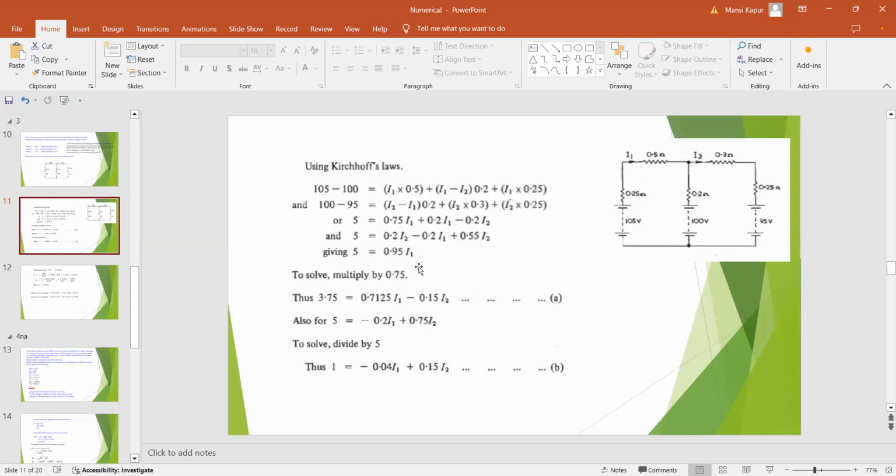I thought you guys would solve it. I didn't pay attention to the equation solving because this is pure mathematics, right? So the first equation we will get is 0.95 I1 minus 0.2 I2 equal to 5, right? If I'm wrong, then correct me. From the first equation, yes, correct.